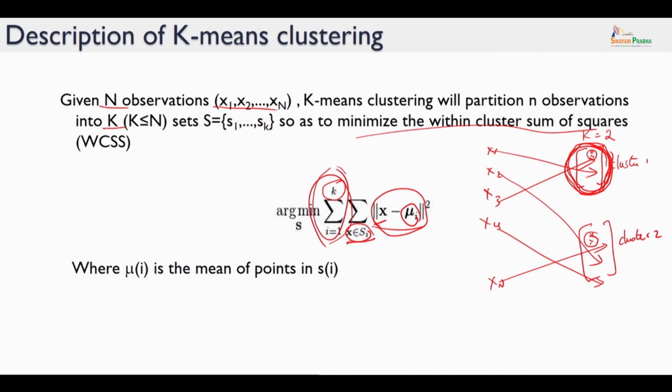So this is how you define this objective. This is the objective function that is being optimized, and as we have been mentioning before, this mu i is the mean of all the points in set Si.